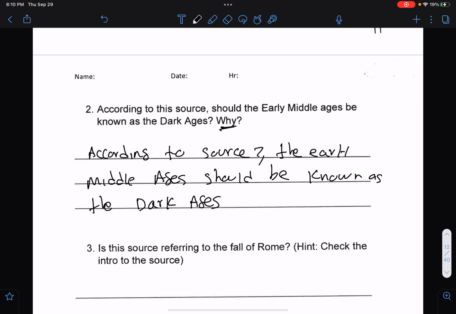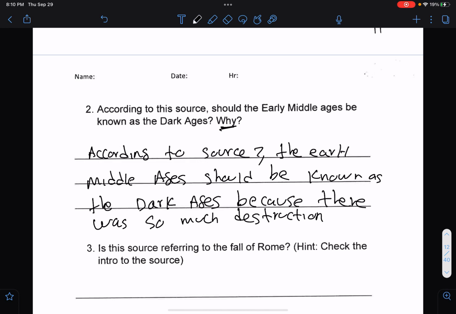And then it says why, right? Because there was so much destruction and chaos. Okay, period.